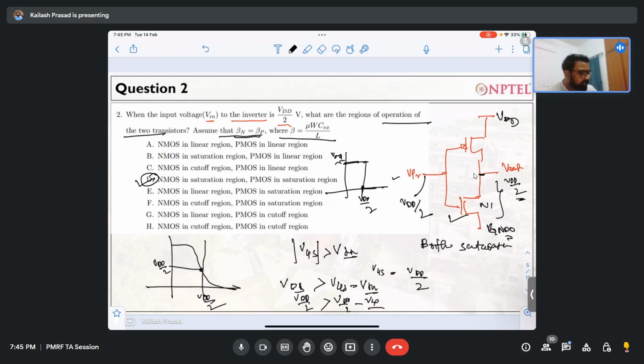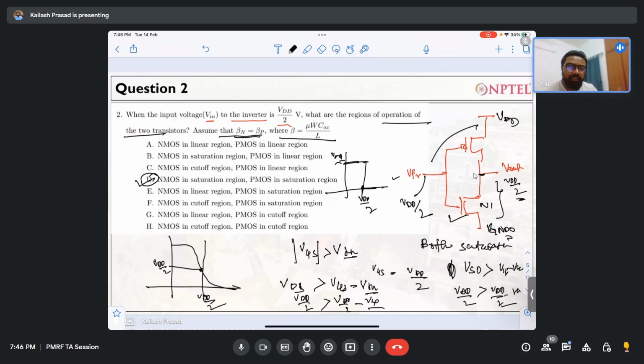The same thing will happen over here, because for PMOS, VSD should be greater than VSG minus VTH. So VSD is your VDD by 2, which should be greater than VSG, again VDD by 2, minus VTH. This statement will also be true.